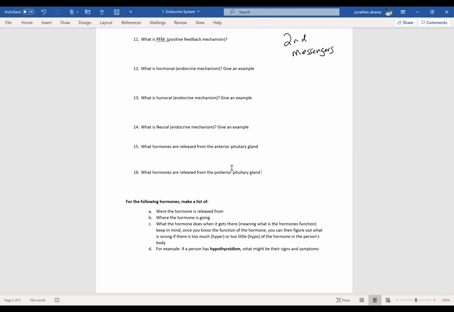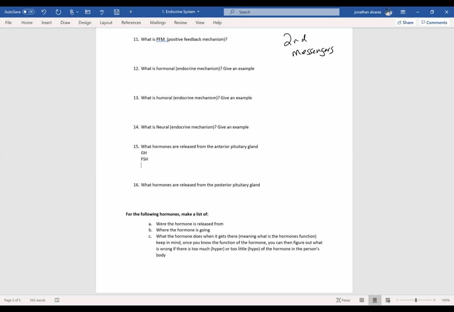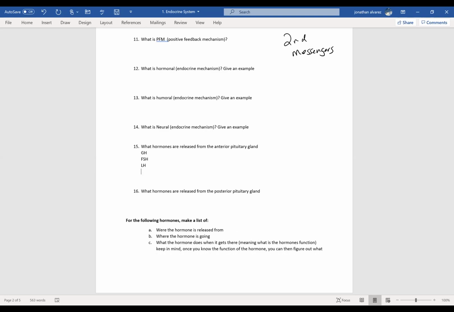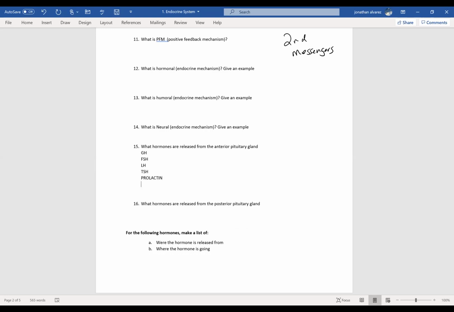In no particular order: growth hormone, follicle stimulating hormone, luteinizing hormone, thyroid stimulating hormone, prolactin, ACTH, which is adrenocorticotropic hormone.